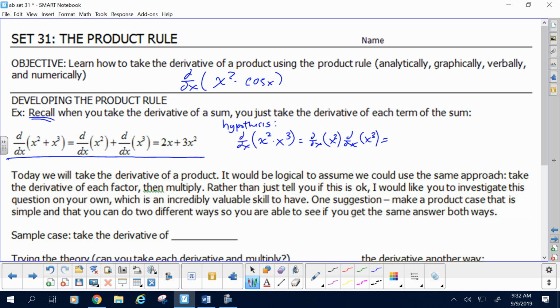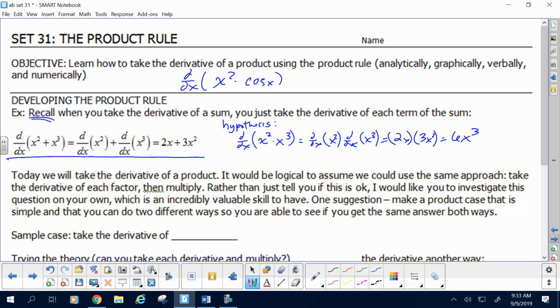Well, that's what we did in sums, so it's logical to assume yes. All right, so what is the derivative of x squared? 2x. And what's the derivative of x cubed? 3x squared. And so if we try that, it feels like we get 6x cubed for a derivative. Is that right? Well, we don't know.